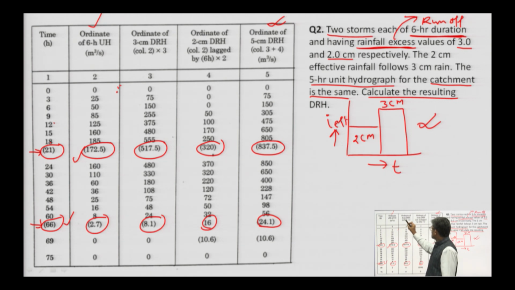3 centimeter DRH. To find the DRH of 3 centimeter. This one, 2 centimeter effective rainfall follows.